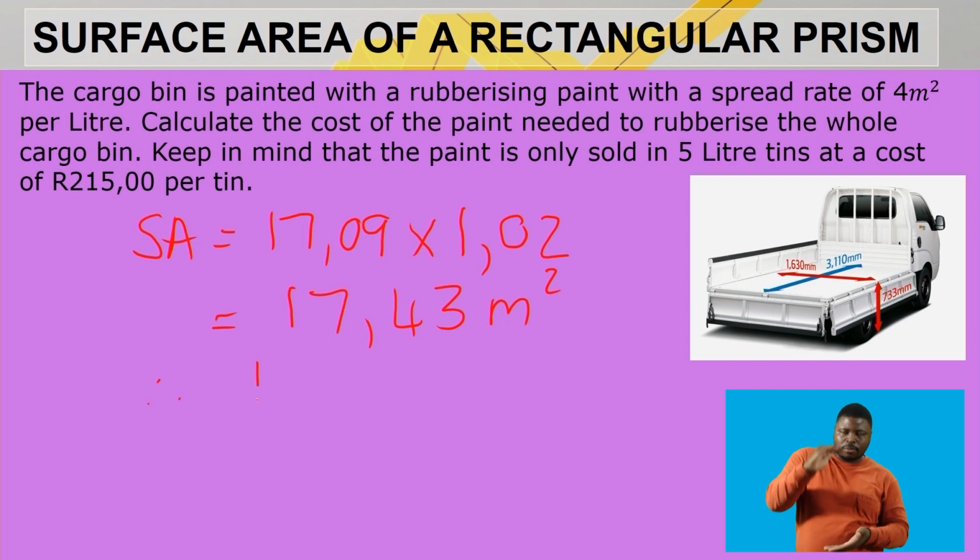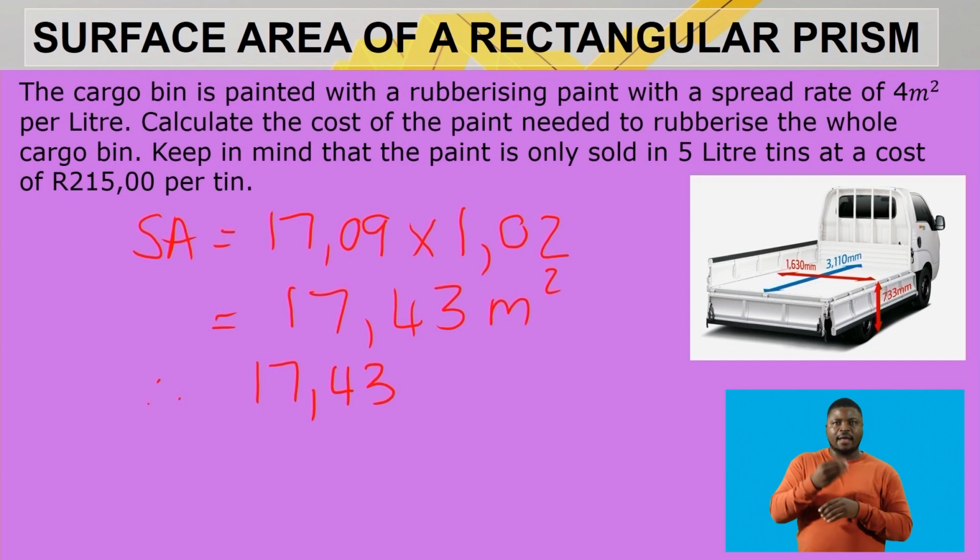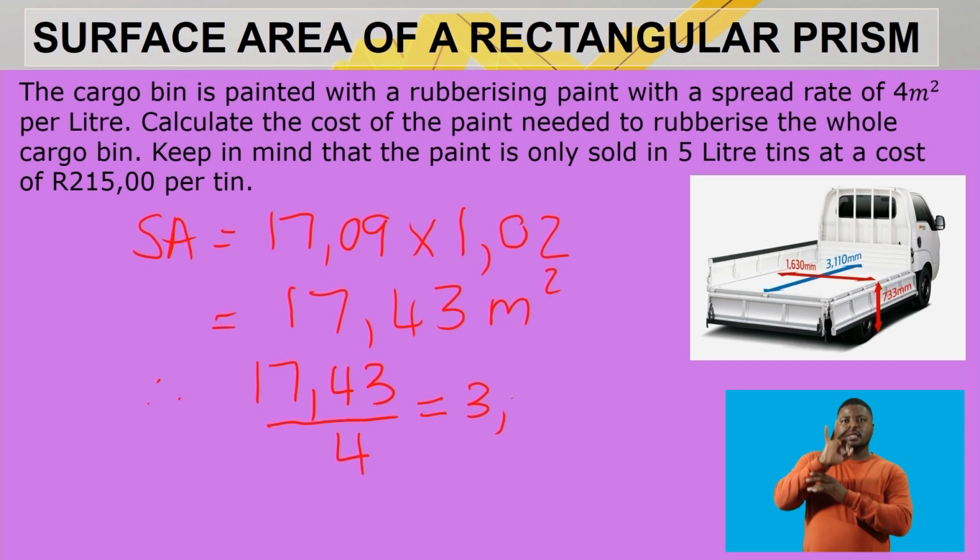So we're going to take the 17,43 and we're going to divide it by 4 because each liter can paint 4 square meters. So therefore it is going to be 3,49 liters that we will be needing.